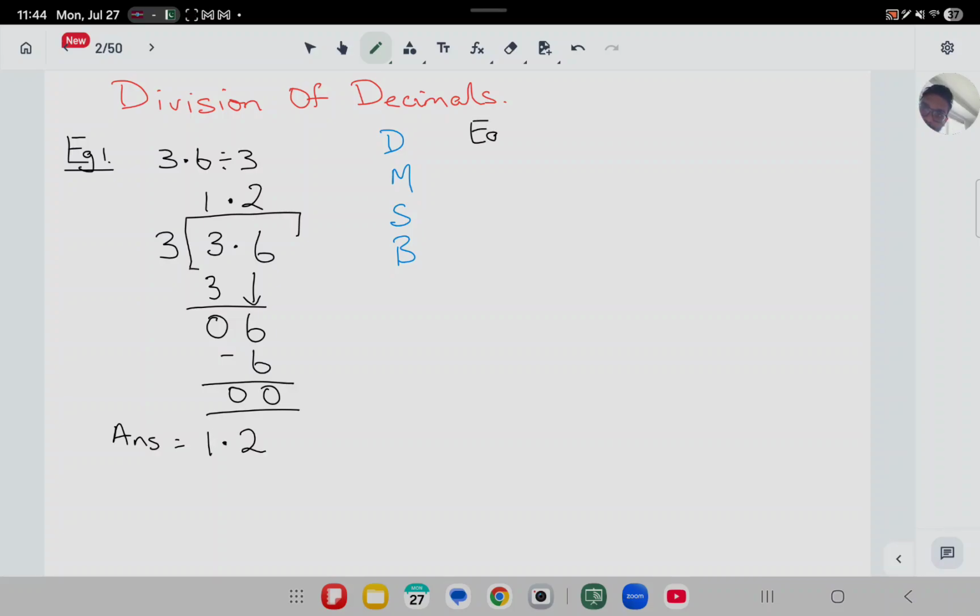Let's look at the next example. Let's say we have 3.6 divided by 0.3. Again, we write our equation, 3.6 divided by 0.3. Whenever we are dividing and the divisor is not a whole number, we need to move the decimal point to the right-hand side to make the divisor a whole number.